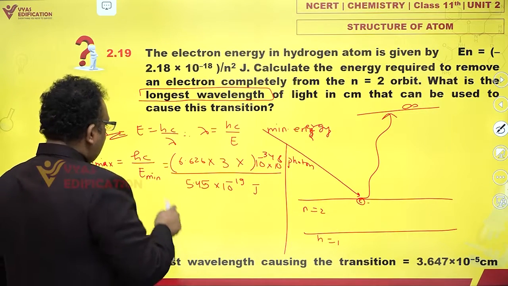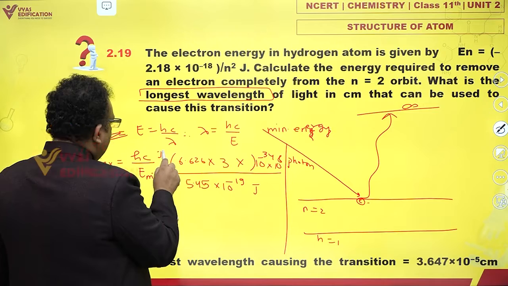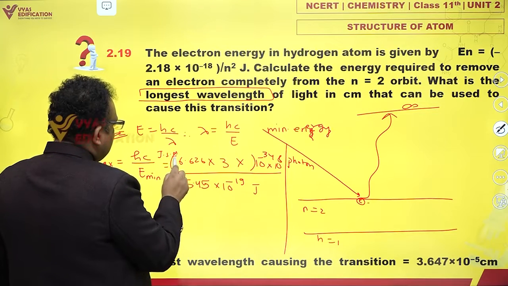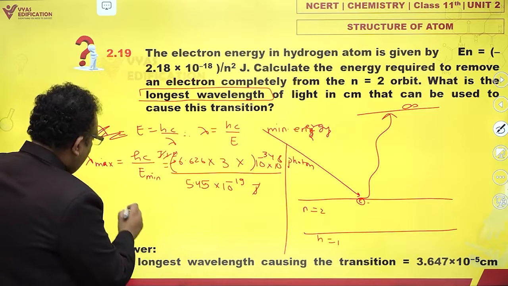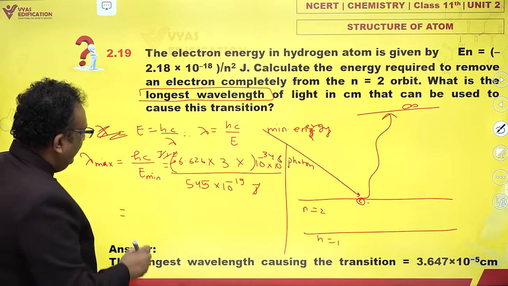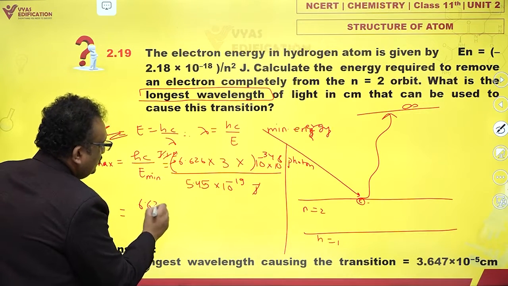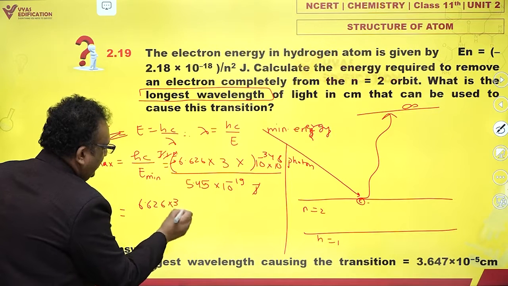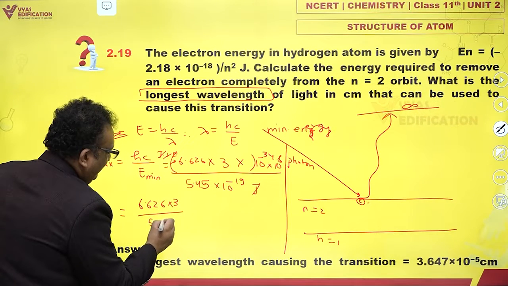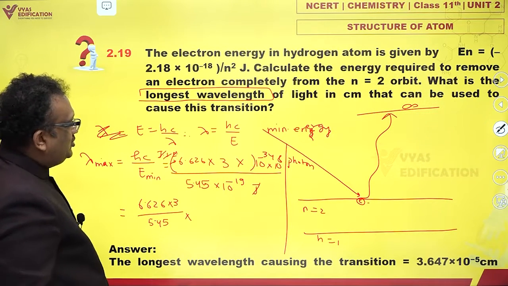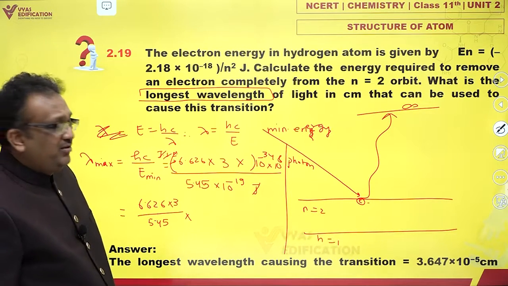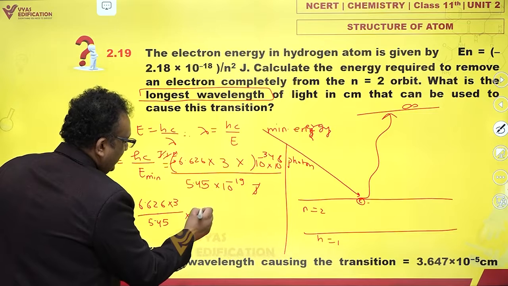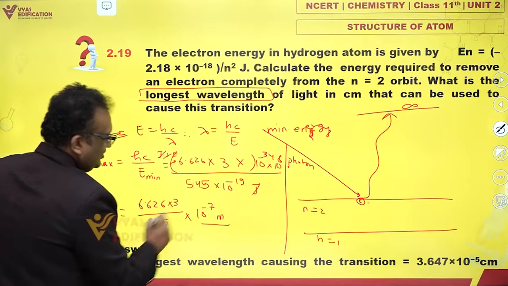Now, h is in joule second, c is in meters per second, so I can cancel all these units. Neat and clean, what do I get? 6.626 into 3 by 5.45, into 19 goes up, 19 plus 8 is 27, 27 and 34 makes it 10 raised to minus 7 meters.